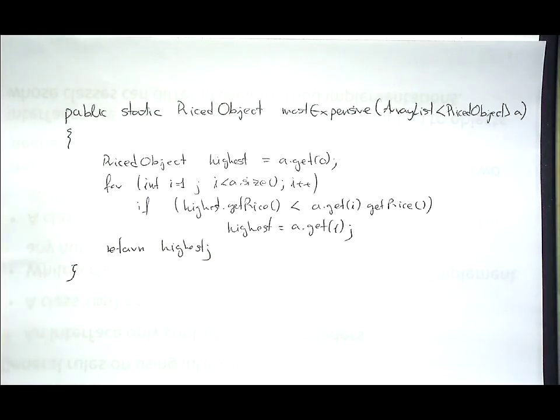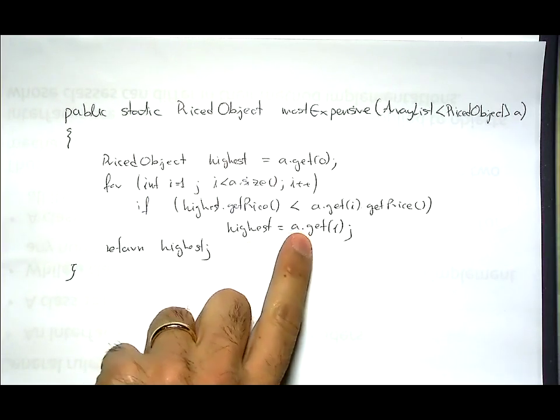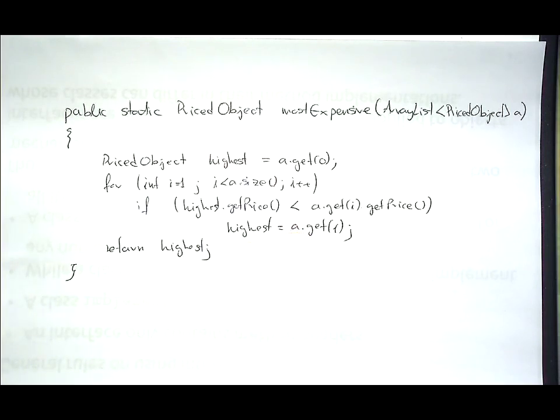So this is just a linear search on my array list. I start from the beginning, and I have this variable highest, and I remember the one that had the highest price so far. As I go in my linear search, whenever I find someone who is bigger, I update highest to the ith element because the ith element is higher.